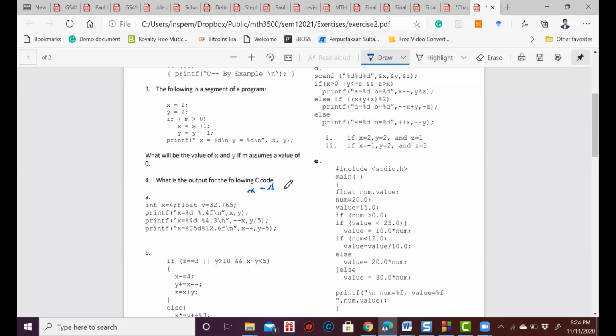Then y is 0, because the other answer is 1, not 0, but the result is 0, right? Why 0 here? For precision, because of the 0.4. This 0.4 means 4 decimal places.